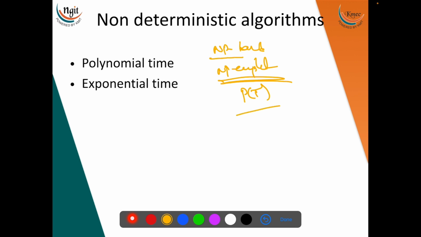And what is an NP-hard problem? If an NP-hard problem can be solved in polynomial time, then all NP-complete problems can be solved in polynomial time. All NP-complete problems are NP-hard, but some NP-hard problems are not known to be NP-complete.